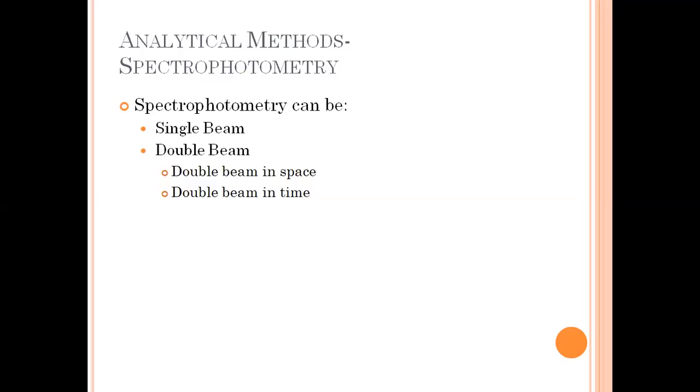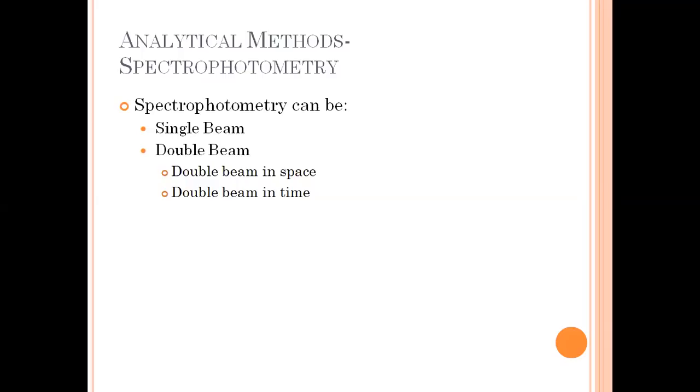Okay? And your double beam can be done in two different methods, either double beam in space or double beam in time. So later I'll show you a picture to differentiate what is this double beam in space and double beam in time.